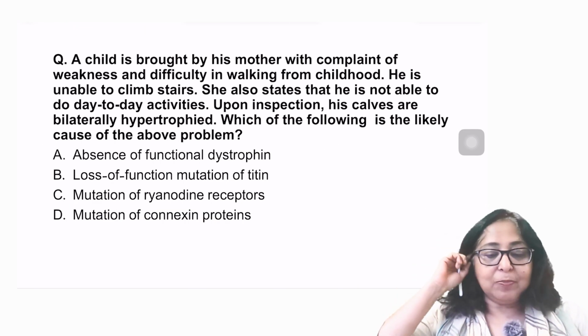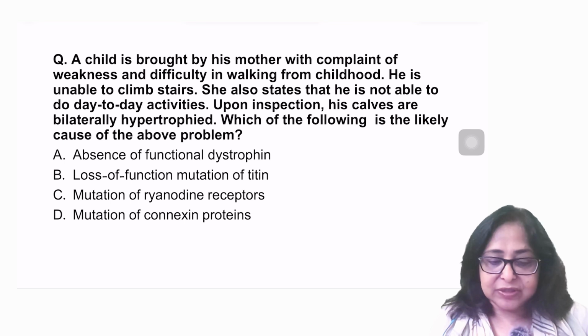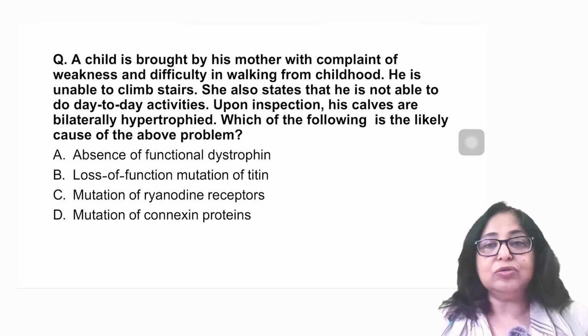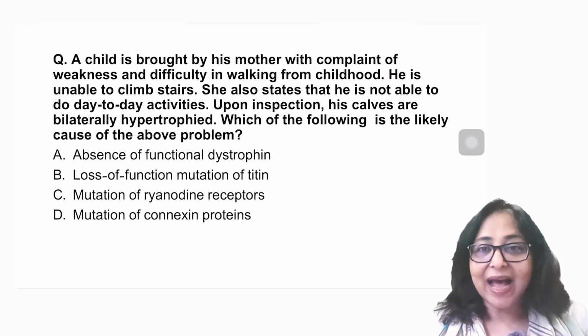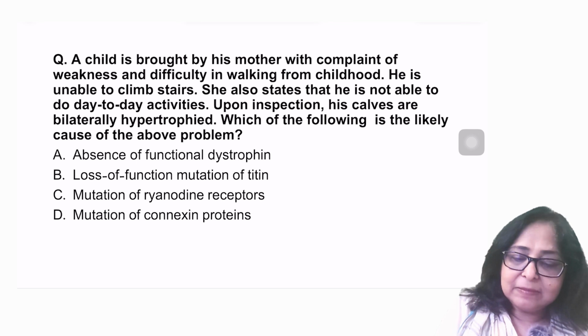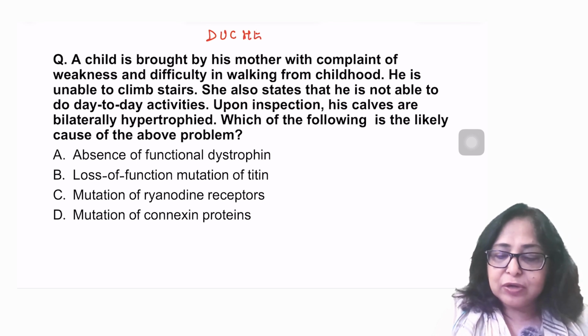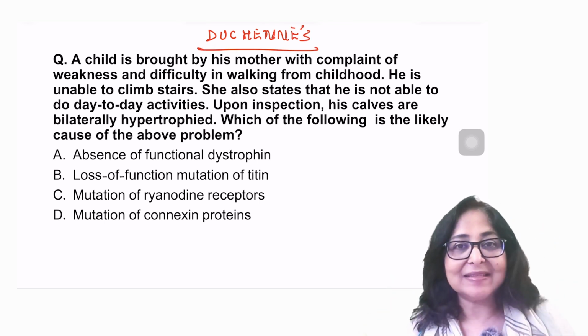A child is brought by his mother with complaints of weakness and difficulty in walking from childhood. He is unable to climb stairs. She also states that he is not able to do day-to-day activities. Upon inspection, his calves are bilaterally hypertrophied. This is a typical clinical condition of Duchenne's muscular dystrophy, where there is severe proximal muscle weakness.